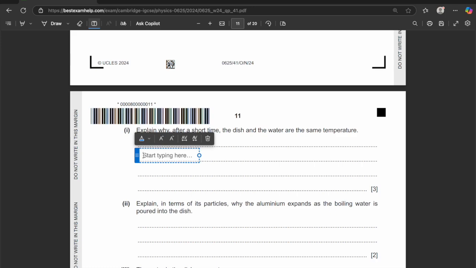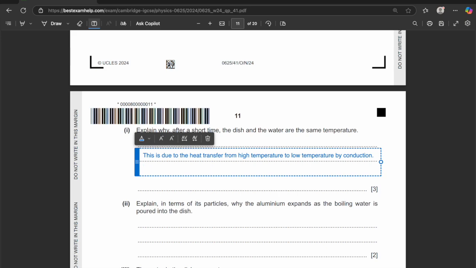So we can write this is due to the heat transfer from high temperature to low temperature by conduction, because they are touching each other.